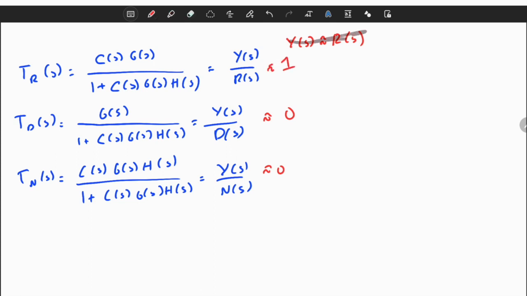Since we want to track R, we want the perfect response, we want y of s to be approximately R, which means the transfer function should be approximately equal to 1. Again, this is easier in frequency domain response functions, but we can still talk about this kind of analysis. And in the other transfer functions, I want the transfer function to be equal to 0.